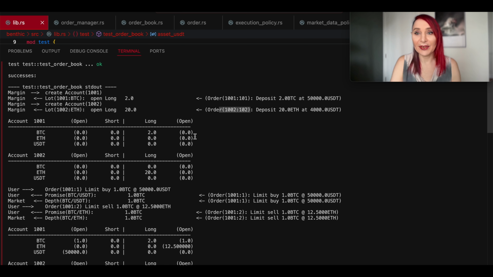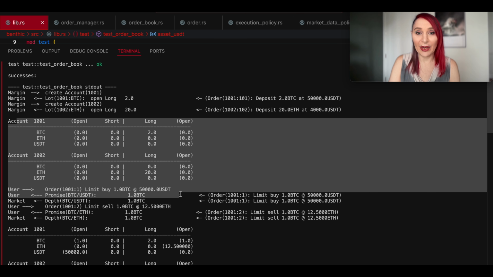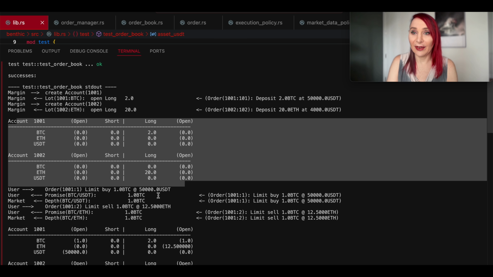Alright, so they have something on their balance sheets. The balance sheet of user 1 says 2 long of Bitcoin. The balance sheet of account 2 says long 20 Ethereum. So these are the balance sheets of the two accounts.